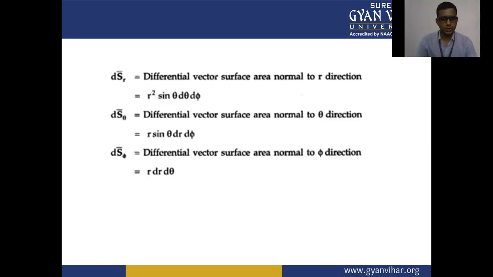So these are the three different formulas in the directions of r, theta, and phi for the differential vector surface area. Through these formulas, we are able to find the surface area in the direction of r, theta, phi in the spherical coordinate system.